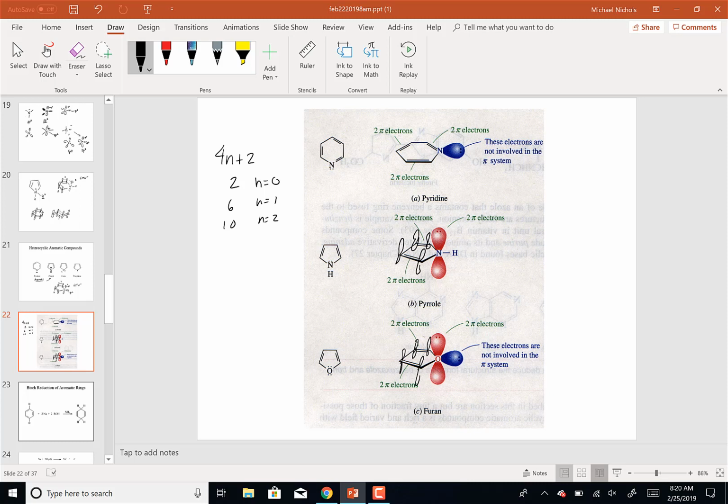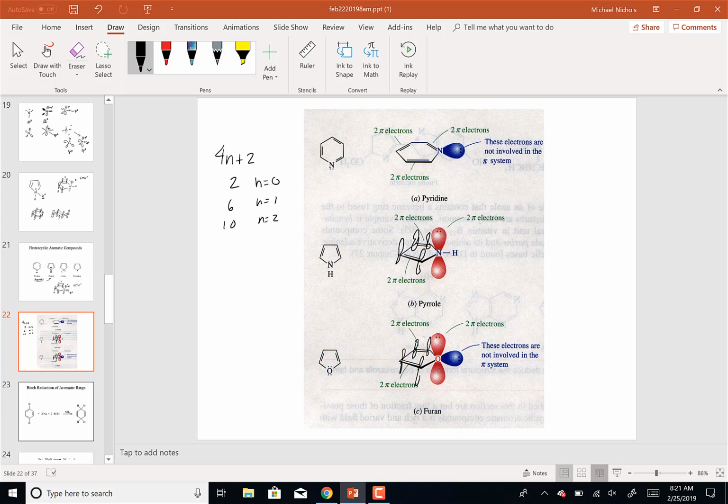And a system with 4n pi electrons is anti-aromatic. So that's all the 4n plus 2 rule does in this class. There's a fundamental reason for it, but we're not going to get into that. Okay. Anything else?